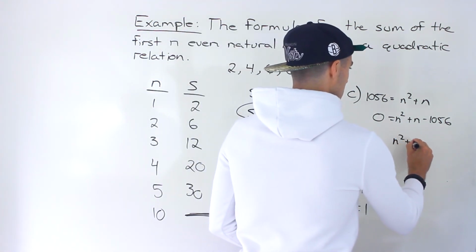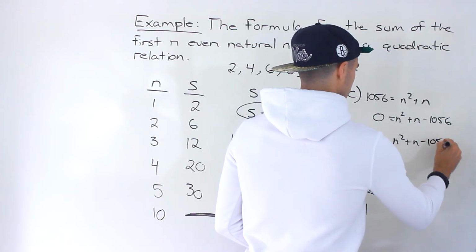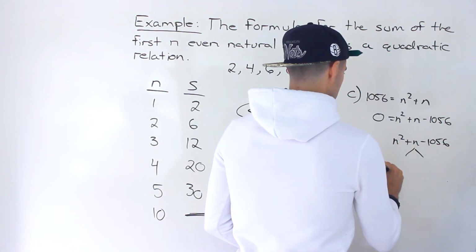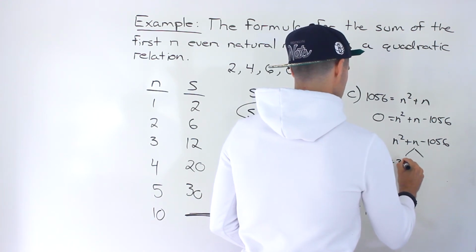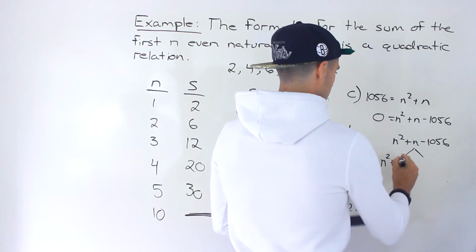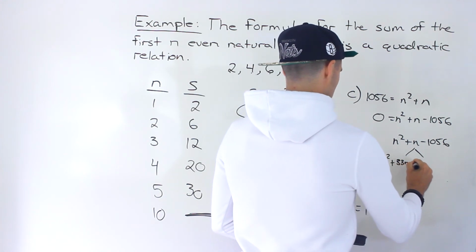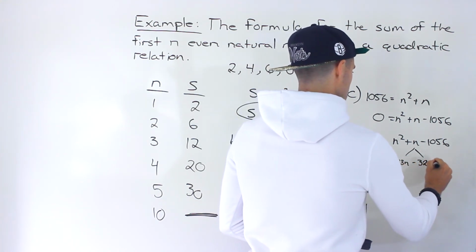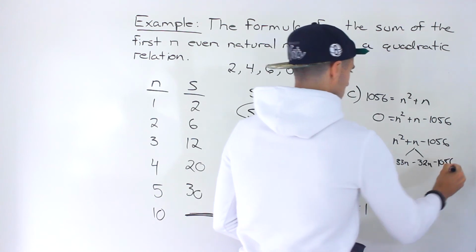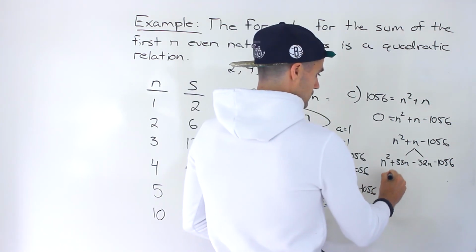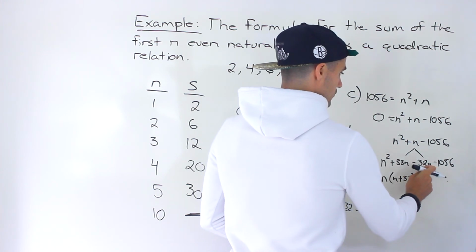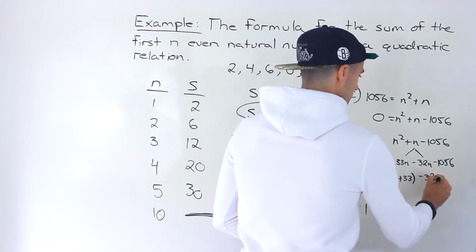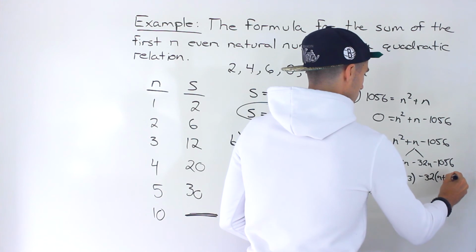So we could take this and decompose. I'm kind of going through all of the steps here. Again, you don't have to necessarily if you don't want to, but I'm just doing so. So if we take out the n from these two, we get n plus 33. From these two, we could take out a minus 32, and we'd be left with n plus 33 as well.